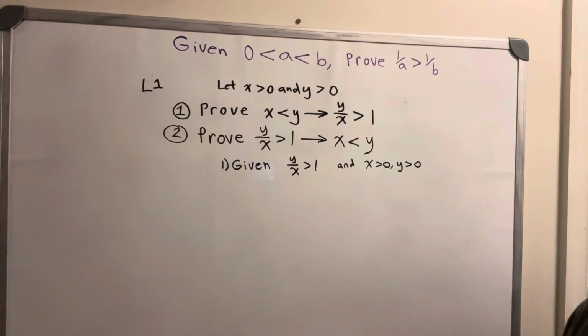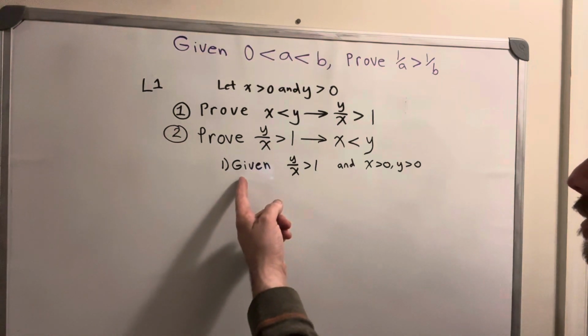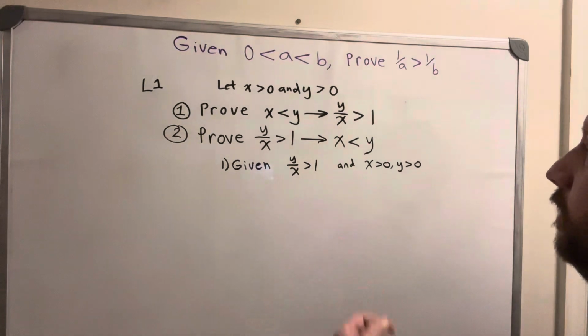Okay, so the second half of the proof of this lemma that I want to use is: prove that given y over x is greater than 1 and that they're both positive, that implies that y is greater than x. And so that's what we're given right here.